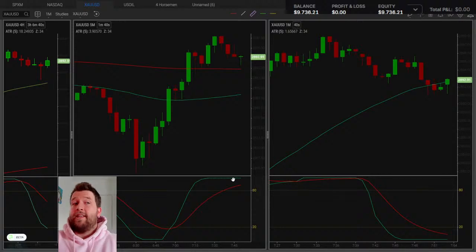So hopefully they add that, especially being able to have partial take profit levels and just being able to set those. I think that's just absolutely crucial.